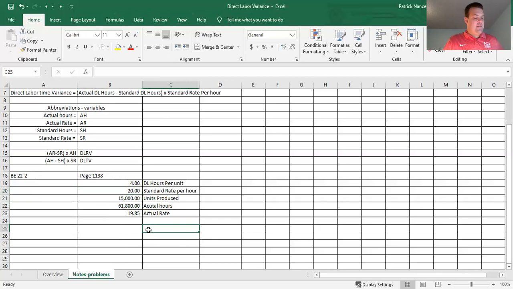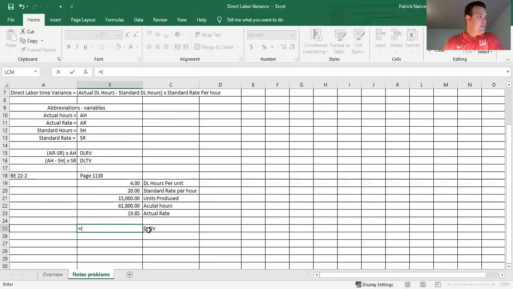But let's do the actual math on it. So my direct labor rate variance equals my actual rate minus my standard rate, using it from right here, times my actual hours, which is $9,270.